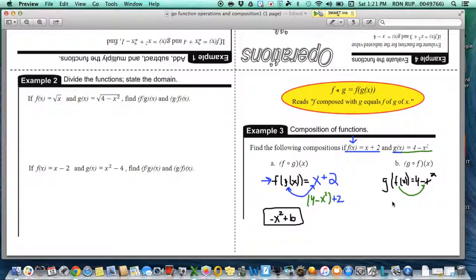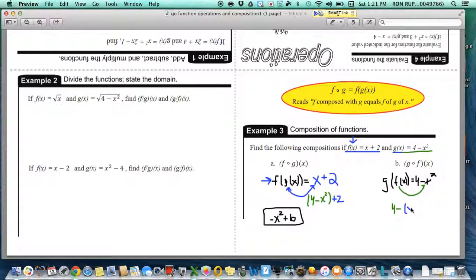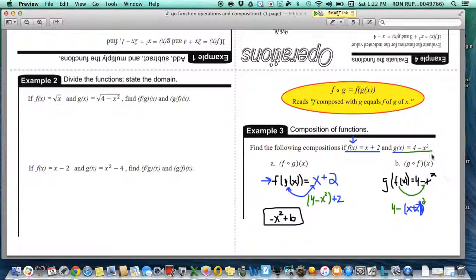So I would rewrite this as 4 minus, and now I replace that x with parentheses x plus 2, because that is what my f of x function is. And we have to remember that it's squared because of the g of x function, 4 minus x squared.